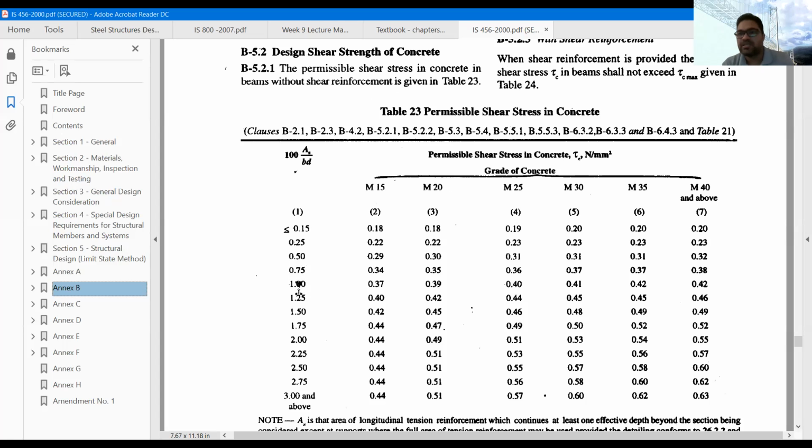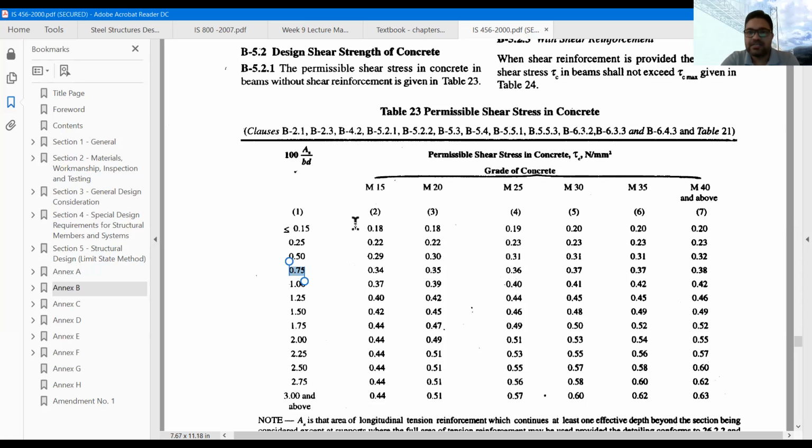Our percent of steel at support is 0.546, which lies between 0.50 and 0.75. Corresponding to 0.50, the value of tau c for M25 grade of concrete is 0.31, and corresponding to 0.75, the value of tau c is 0.36. So our value of tau c will be between 0.31 and 0.36. For that, we need to interpolate.